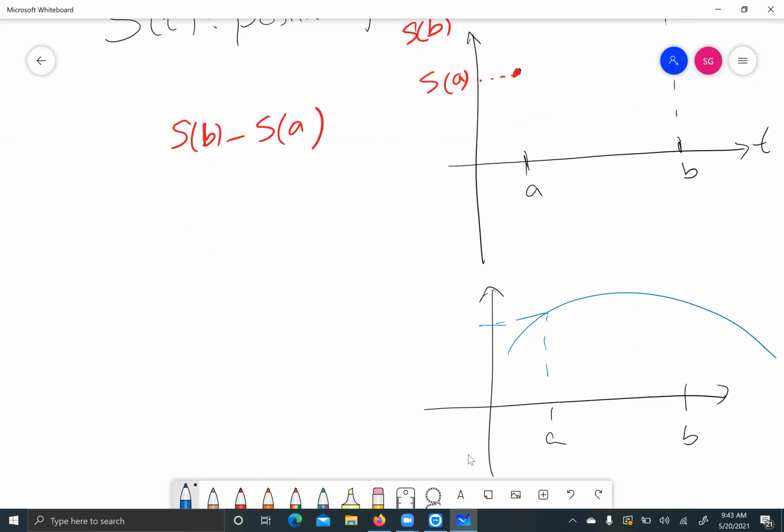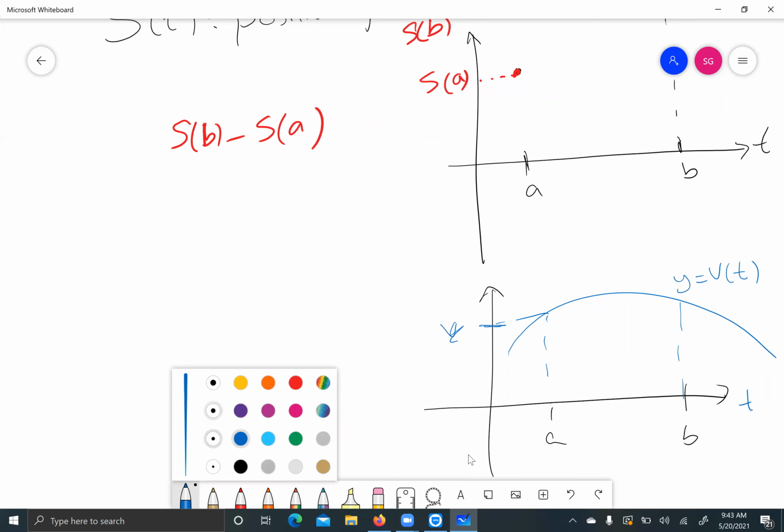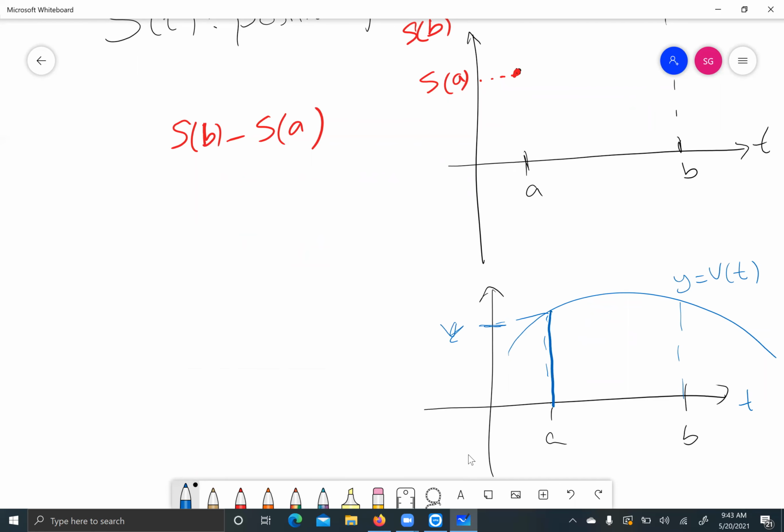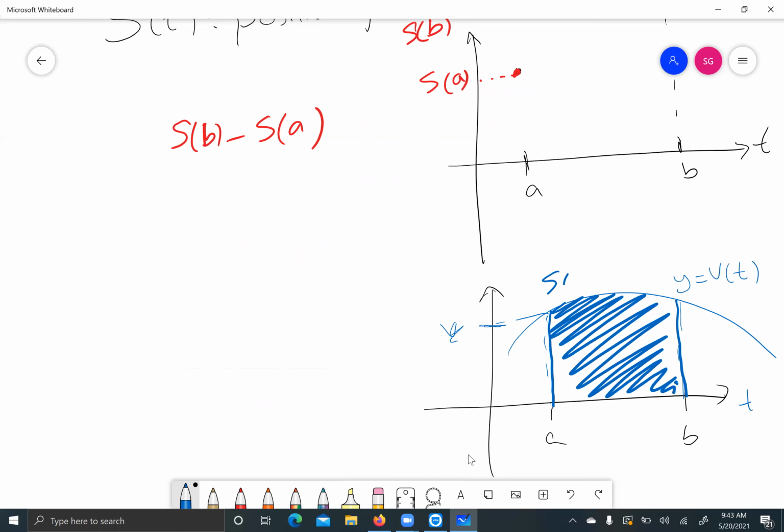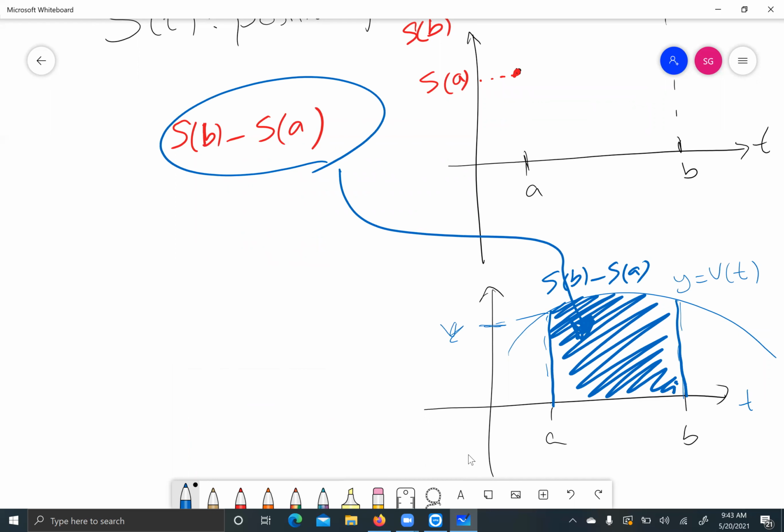Same thing, look, the area under the curve from A to B is going to give us S of B minus S of A. This can be obtained by computing the area under the curve from A to B for the derivative function, for the velocity function.